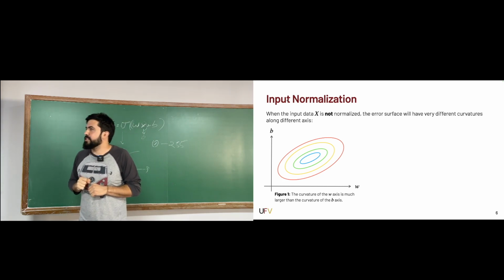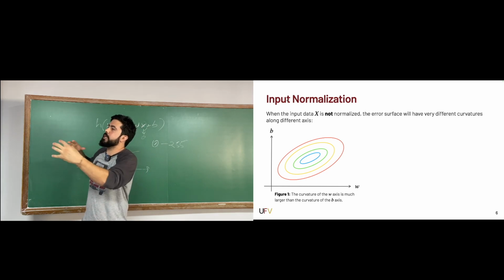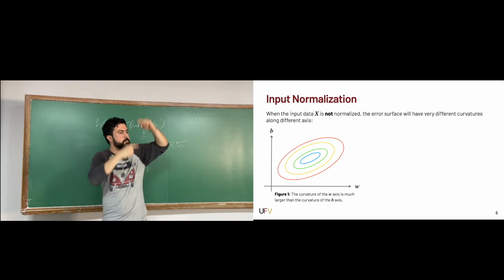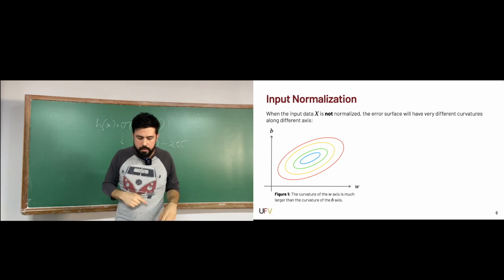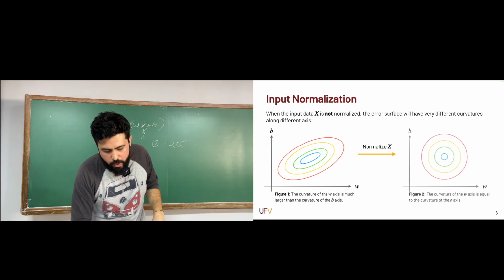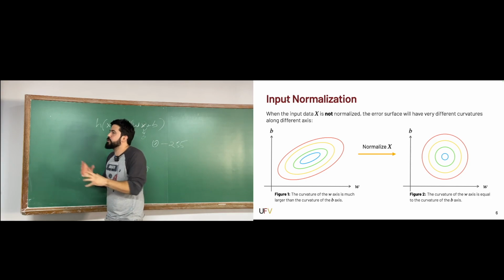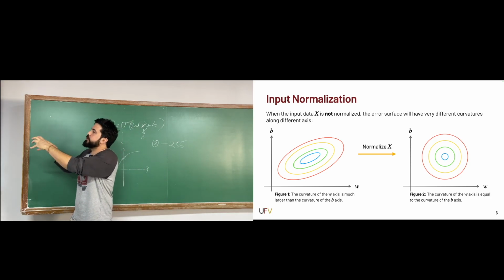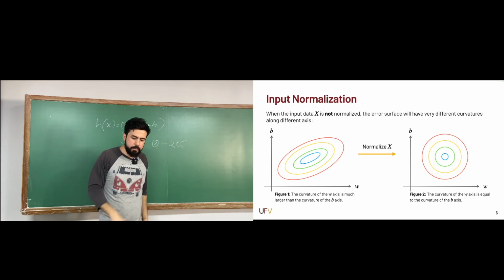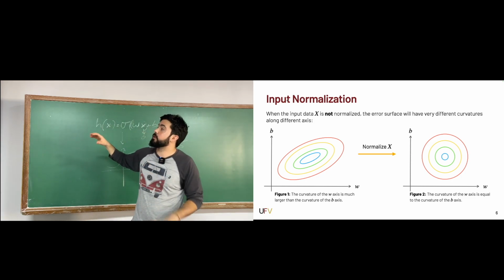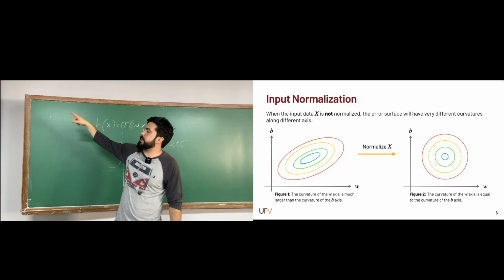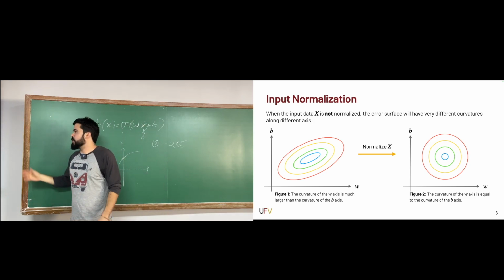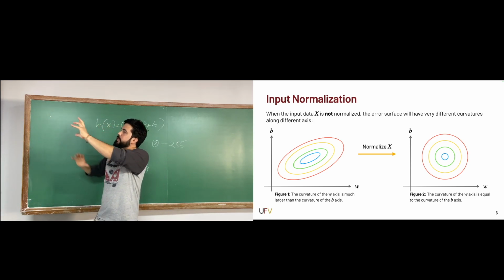And see how the curvature on the y-axis is wider or larger than the curvature on the b-axis. Okay? So when you normalize your data, you rescale your loss curvature as well. So when you normalize your data, you get this equal curvature between W and b. Okay?